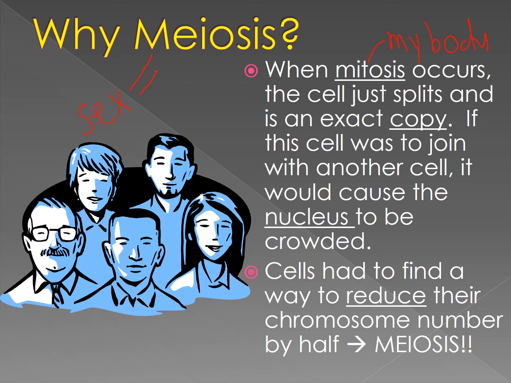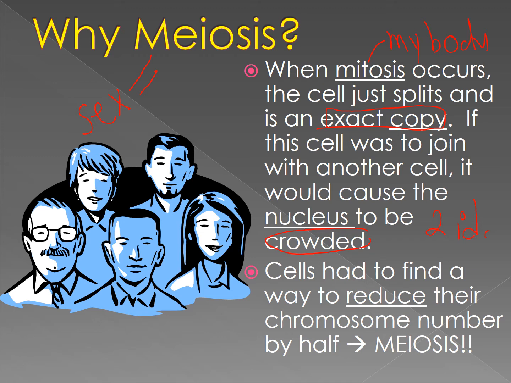So when mitosis occurs, it splits and gives you an exact copy, and you end up with 2 identical cells. I'm just going to write ID. But if it was to join another cell, it'll become crowded because it's 2 different genetic variations.